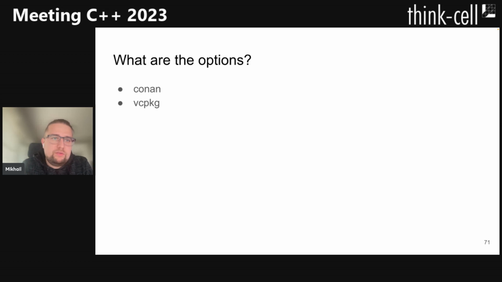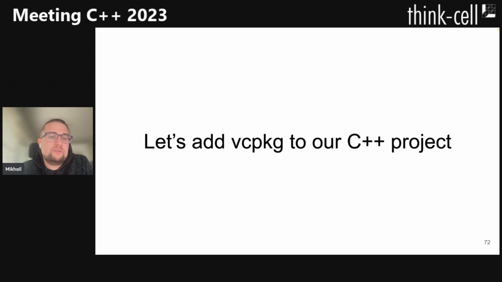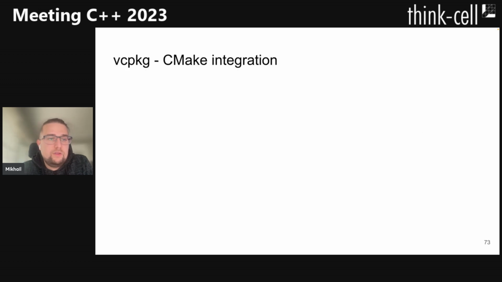Conan is Python and requires Python. vcpkg is more native, with CMake integration. Conan supports multiple build systems. So I would say choose whichever you like more, which suits your case. I like vcpkg more, but that's just my preference. So that's why I said let's add vcpkg to our project and see how it works.